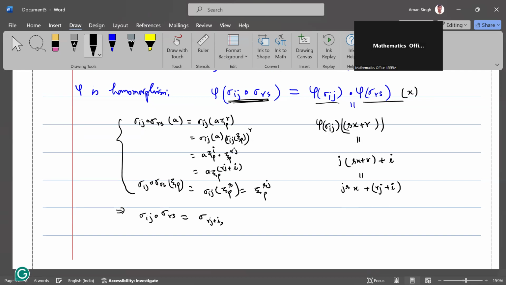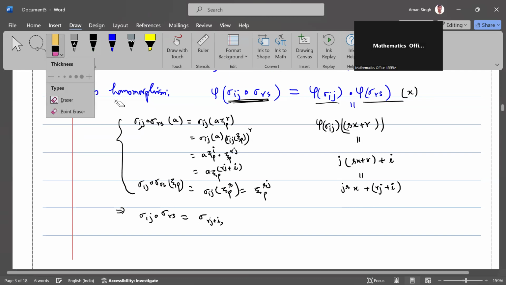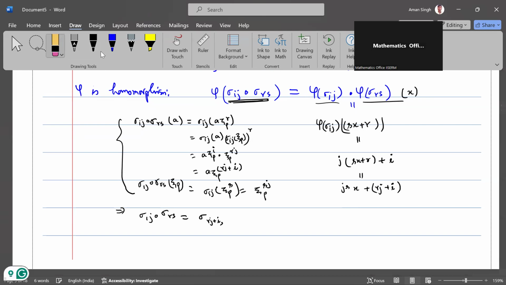I'm not writing a comma here for sigma_ij, but because this is complicated, so we don't mix up the things, I can write the two numbers in brackets also. When we apply psi of sigma_ij composite sigma_rs, this is equal to psi of sigma_(rj plus i, sj). This is nothing but sj.